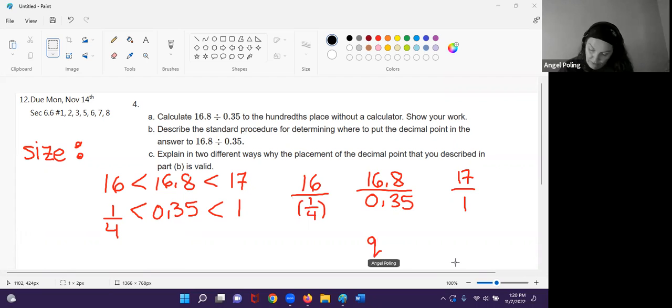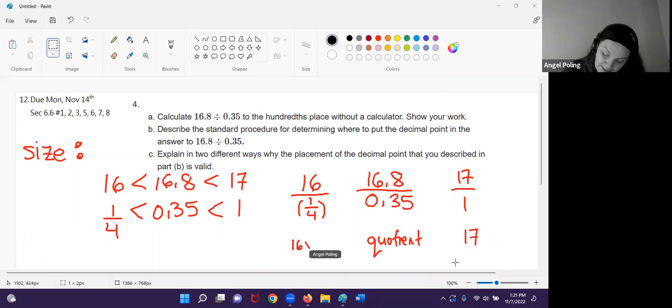And so the quotient on the easier side is 17, right? If we use the keep, change, flip algorithm, we're really doing 16 times 4, which is, let's see, a 64, right?